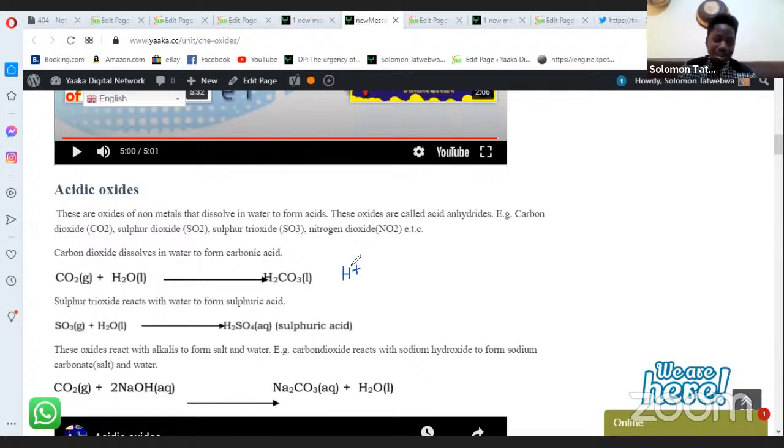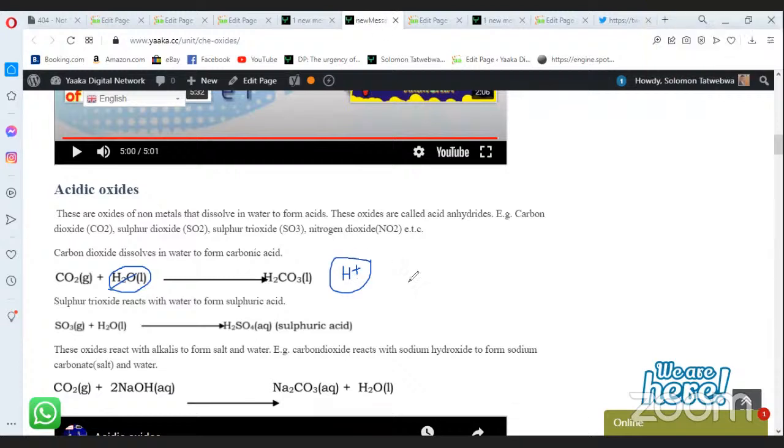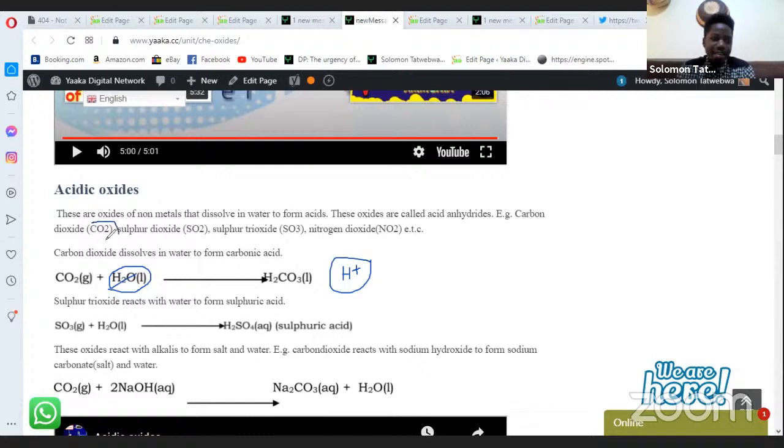So when a gas can produce these ions in solution, once dissolved in water, then we can call that an acidic oxide, right? So all acidic oxides can produce hydrogen ions in solution, like we have seen in the video, okay? The examples are here.